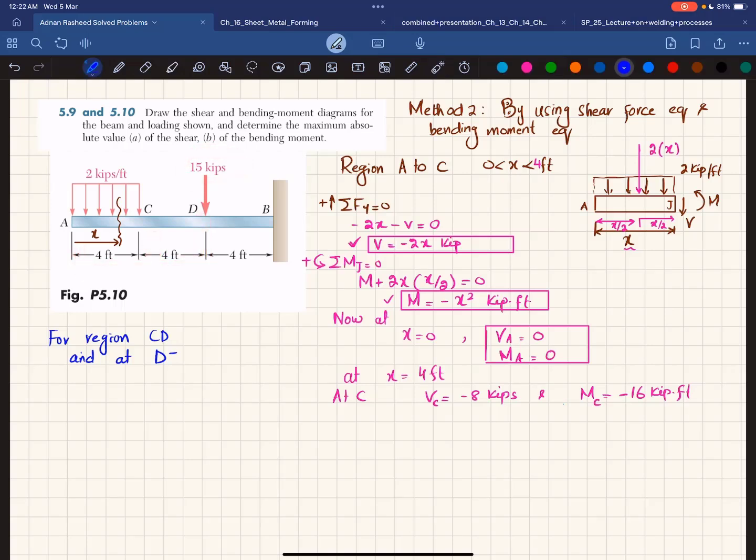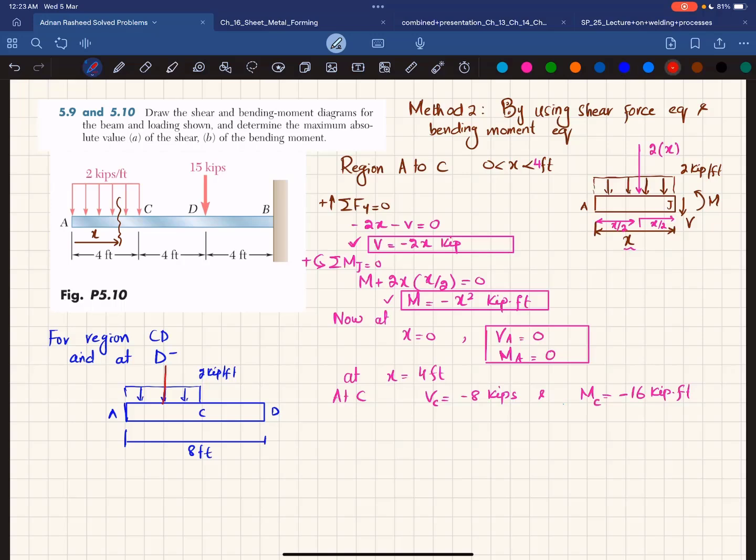And what we will do is draw the free body diagram. So the free body diagram will be like this. This is the beam from A to C. There is a distributed load of 2 kips per feet. Clear? And from C to D, this is C and this is D, so the total distance is 8 feet. Clear? 8 feet.